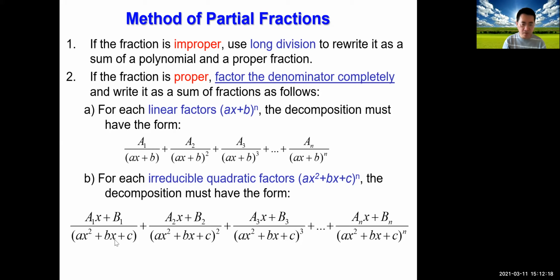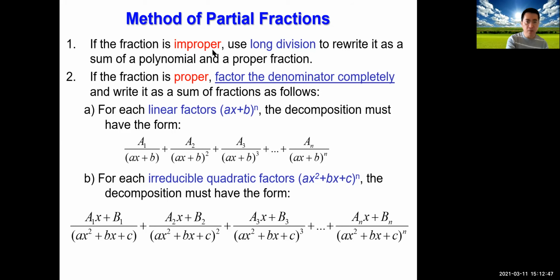You see, they look the same, with increasing powers the same, with the exception that the numerators now are going to be a linear factor instead of just a constant. Now, when I say irreducible quadratic factor, I mean you have a quadratic factor that cannot be factored further.